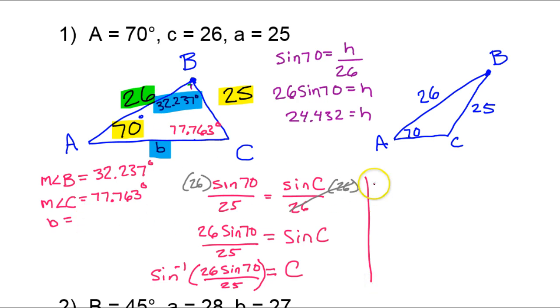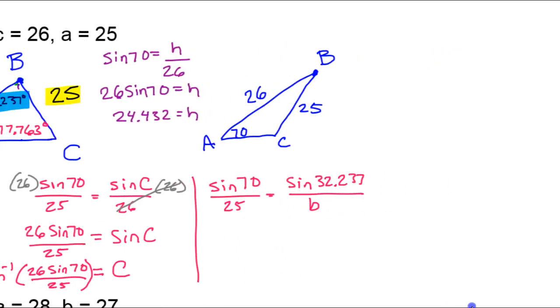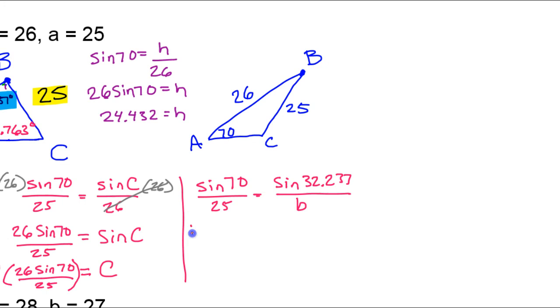Okay, so I'm going to do this now. I'll use the same ratio that I used before, so that's sine 70 over 25 equals, but this time I'll do the sine of 32.237 over B. Okay, so if I were to cross multiply on this, that would give me B sine 70 is equal to 25 sine 32.237.